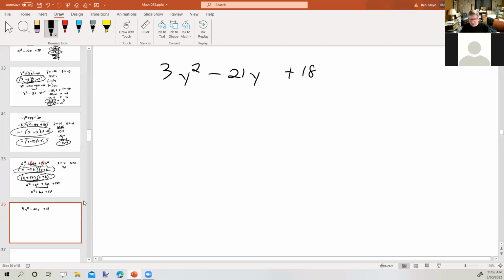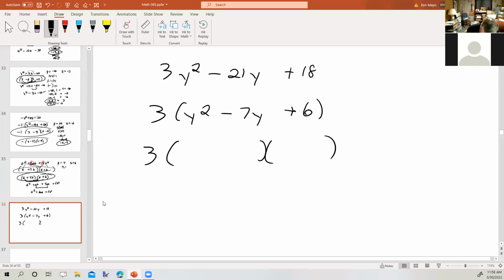However, it doesn't have a leading coefficient of a 1. It has a leading coefficient of a 3. But if we factor out the greatest common factor, we now have a trinomial inside the parentheses that fits the pattern. It has a leading coefficient of a 1.